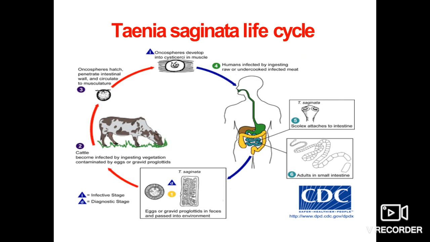Now in the next slide you can see the life cycle of another species, Taenia saginata, commonly called the beef tapeworm.